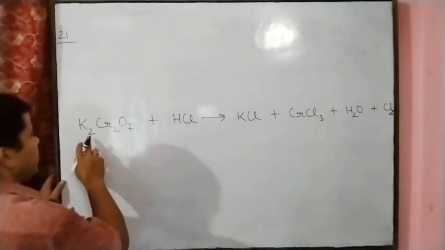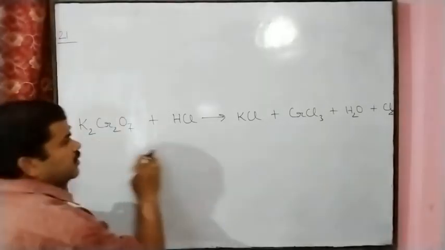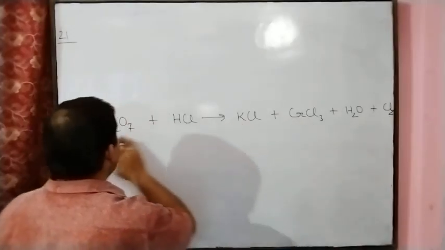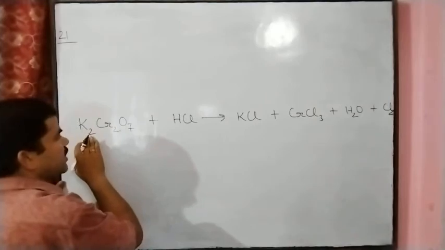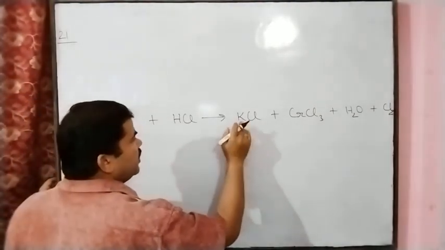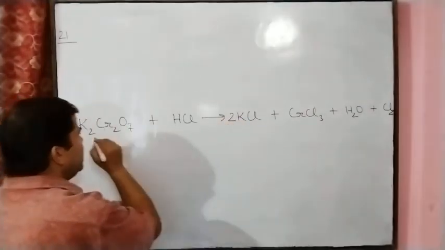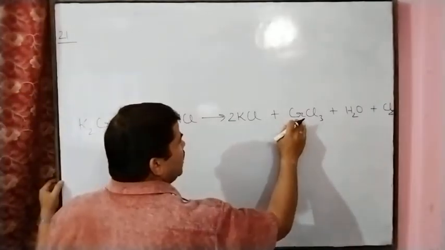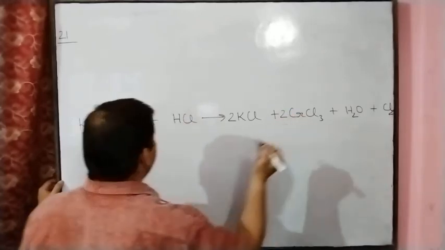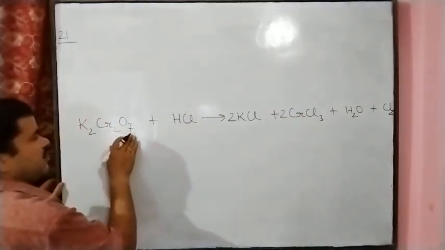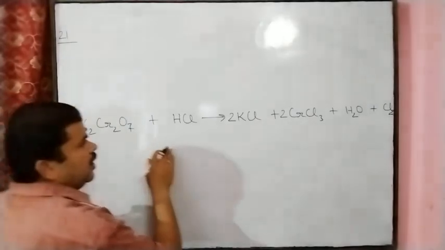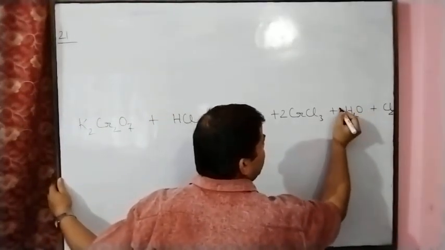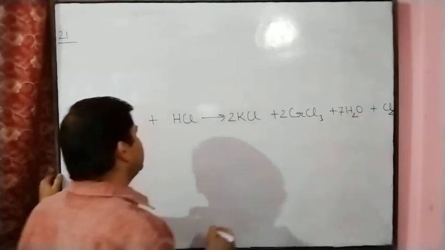We can see potassium 2 on the reactant side and only one potassium on the product side. So we will write 2 to balance potassium. Then chromium 2, and on the product side chromium only one, so we will write 2 to balance chromium. Then oxygen 7 on the reactant side and only one on the product side, so we will write 7 to balance oxygen.